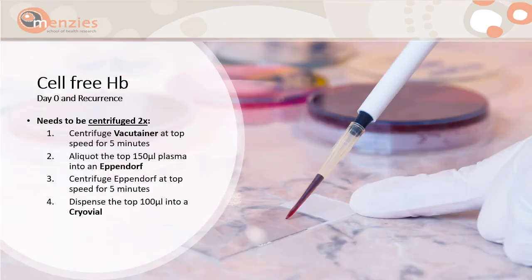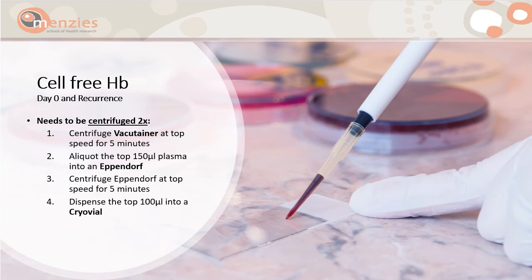If you are unfamiliar with cell-free HB, I'll give a short overview here, but feel free to ask any more questions should you require it. The cell-free HB will be taken on day 0 and at recurrence, and it needs to be centrifuged 2 times. So to begin, centrifuge the vacutainer at top speed for 5 minutes.